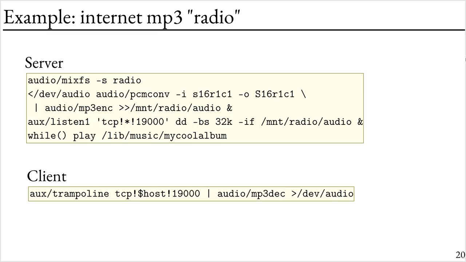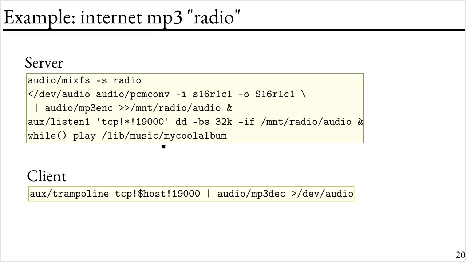As a very small example, this is how an internet MP3 radio can be implemented using MixFS, leveraging the multiple readers capabilities. We would use a second MixFS here, for instance, and then simultaneously, play is an RC script that decodes music from any format.